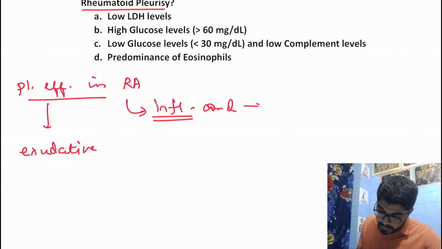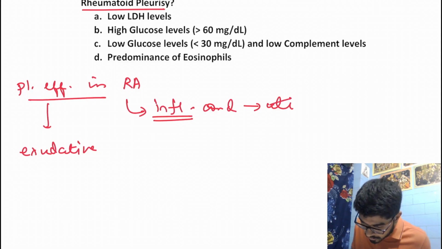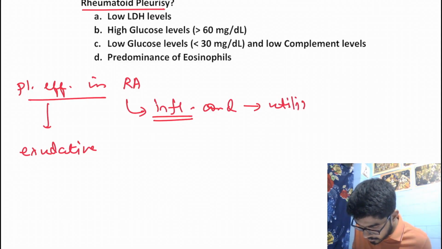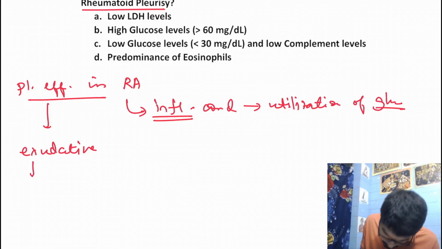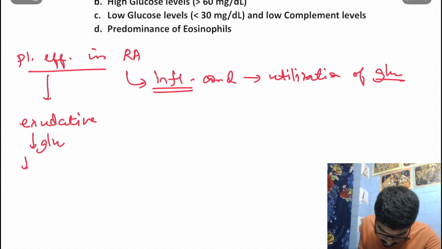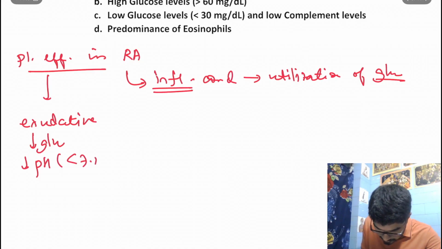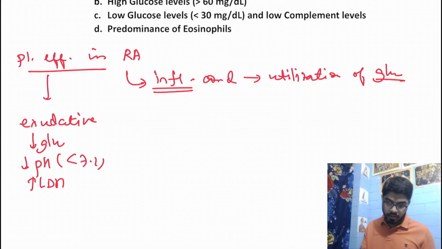This inflammation means increased neutrophil infiltration, which results in utilization of glucose, so we would get decreased glucose, associated with a lower pH, less than 7.2, and an increase in LDH, because of the cell destruction there.